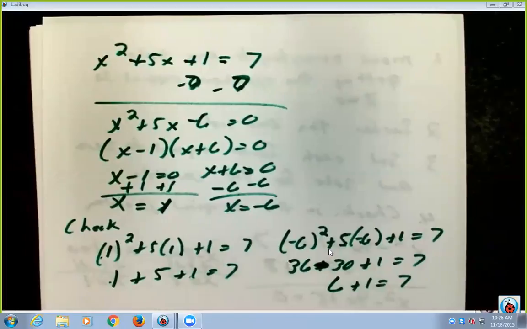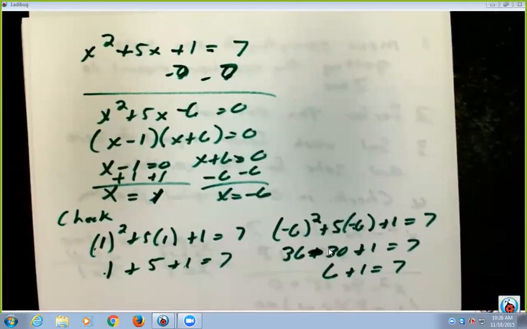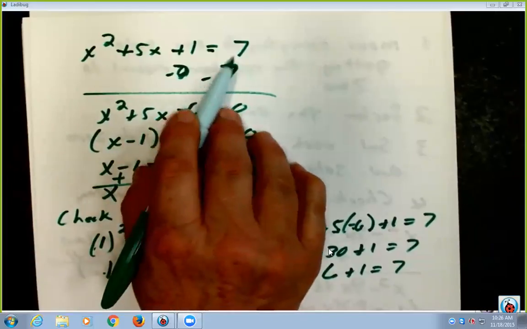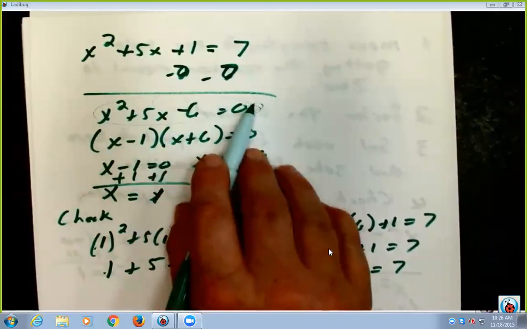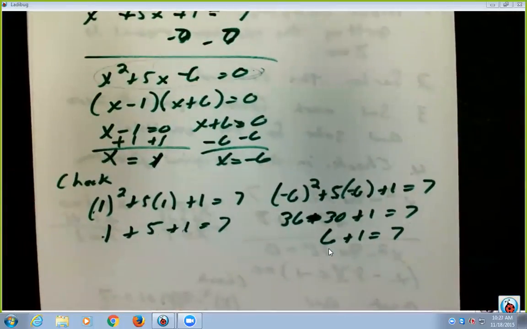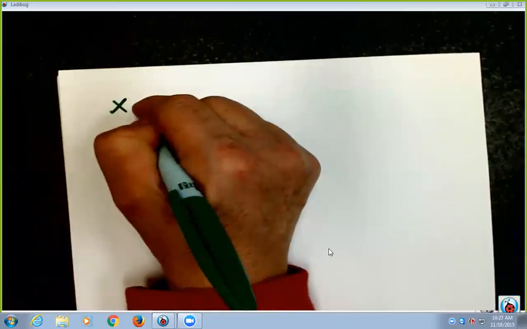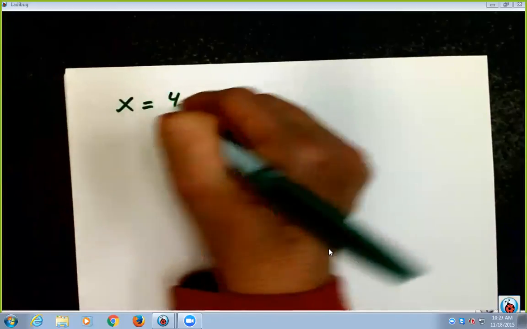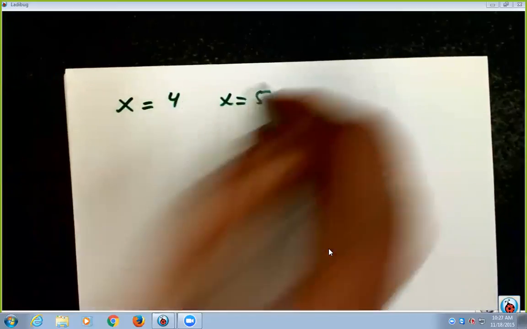Okay, so what do you think? Again, it's factoring, but you got to make sure it's set equal to 0, so don't forget to get it set equal to 0. That's a big key to that thing. On some of these, the other thing that they do is they start you out with x equals 4 and x equals 5.